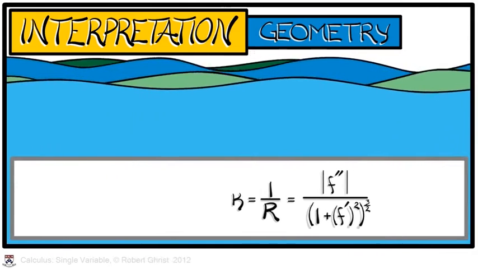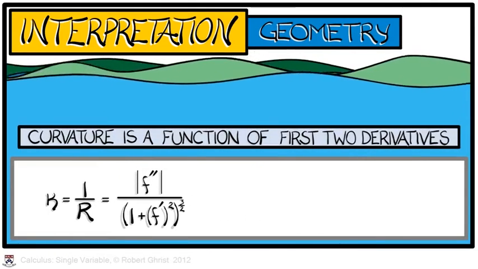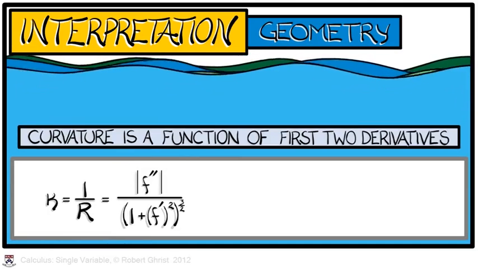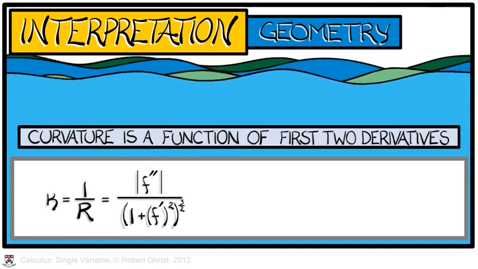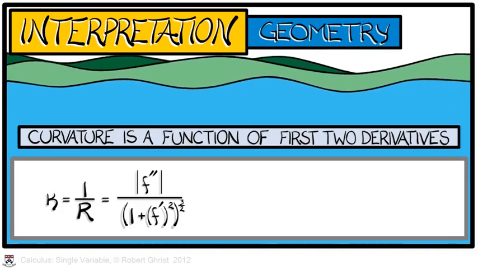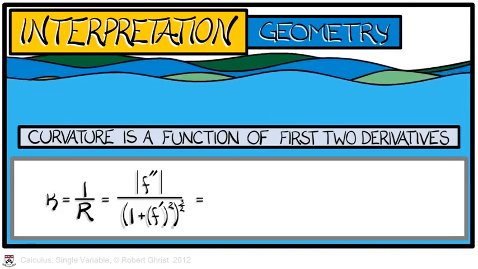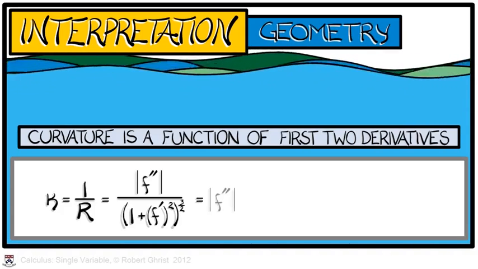Now, how might we use this? Well, first of all, notice that curvature depends only on the first derivative and the second derivative. That makes sense since it's being captured by something to do with a circle and second order tangency.